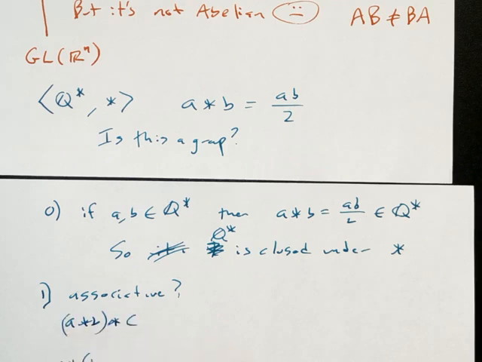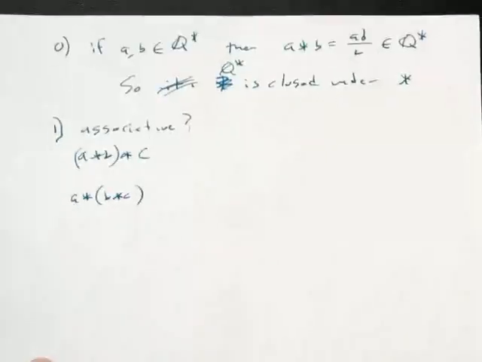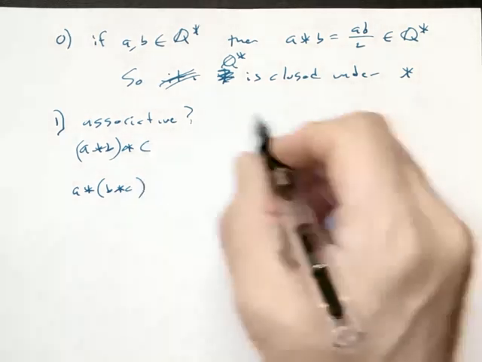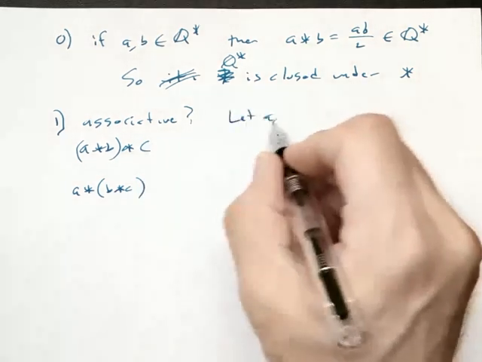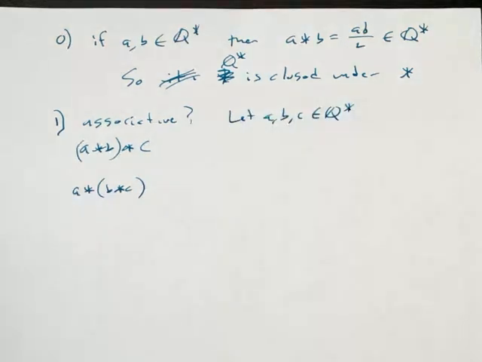So let's do that, and then let's do that. And we'll see if we get the same thing. Because that's exactly what I need to do, Noah, is I need to make sure that those are not just in the set, but that they're actually equal to each other. And I don't know what to start with. But up here in the corner, I'm going to write let A, B, C be elements of Q star. So those are three things from my set.